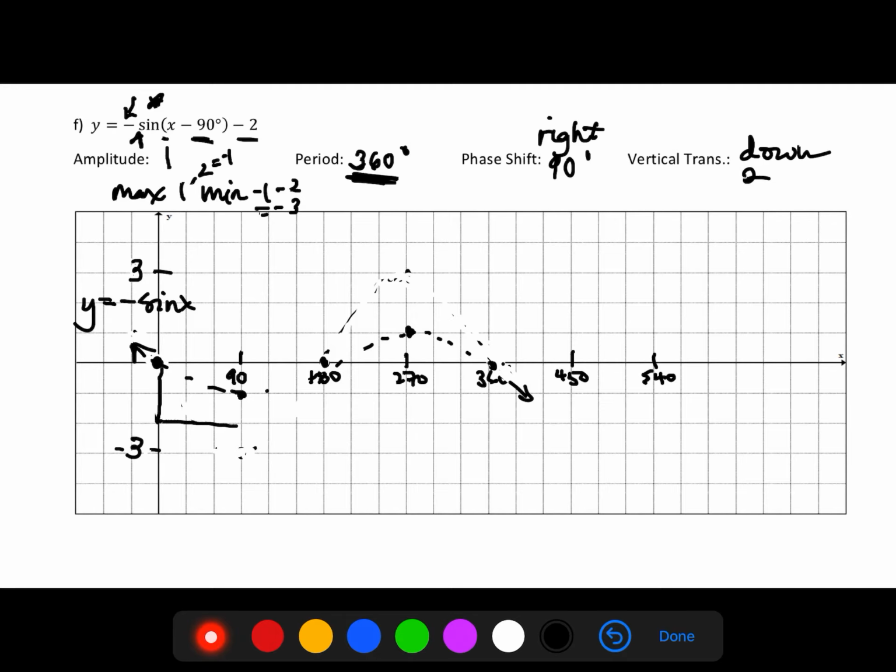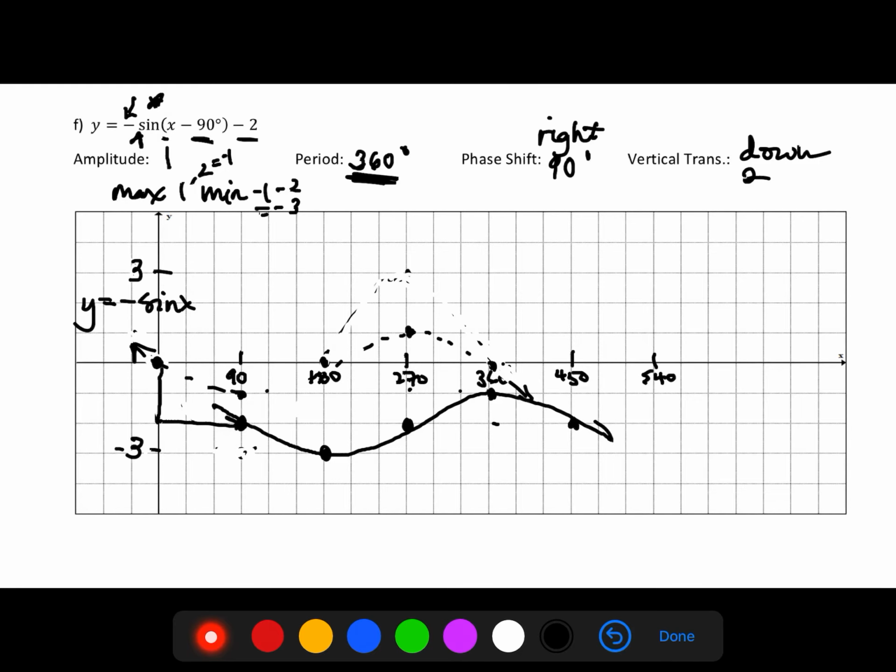So changing this to y equals negative sine x now, shifting down 2 and right 90. Each point down 2 and right 90, down 2 and right 90, and so forth.